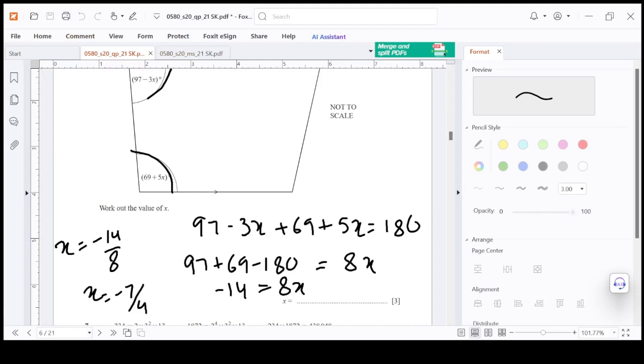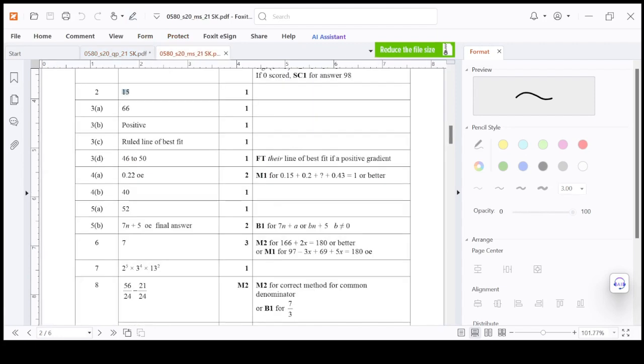Let me quickly find my mistake. Okay, here's my big fat blunder. This was supposed to be minus 3x plus 5x, which would be plus 2x. And when it goes to the other side, it would be minus 2x. And then when we divide by minus 2 on both sides, we get a 7. So x is equal to 7.